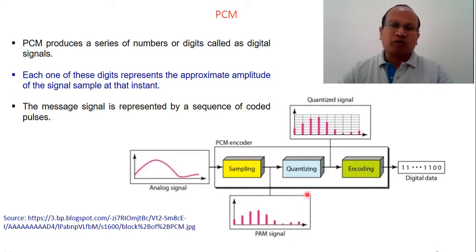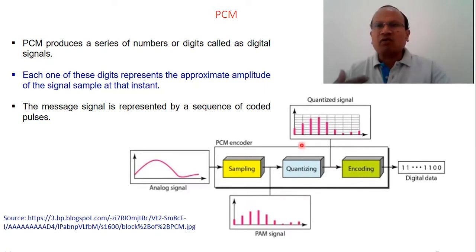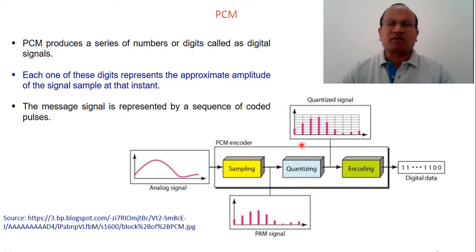This sampled output, or the PAM output, is then sent to the quantizing process, where some rounding off, some approximation is applied so as to obtain an approximated signal, which may be appropriately encoded. An efficient, simplified, easier encoding can then be applied to the approximated output.